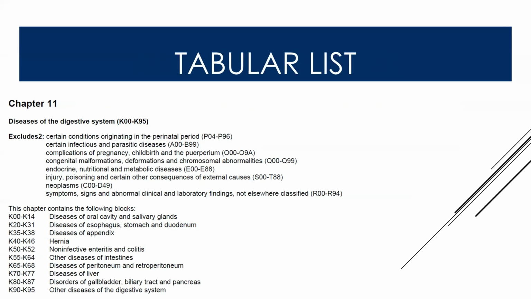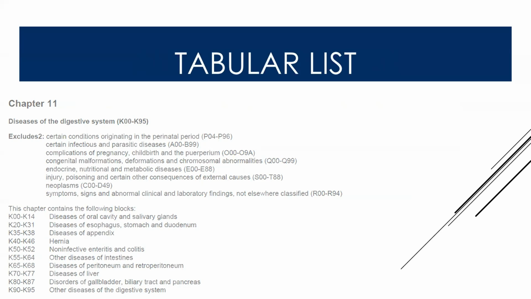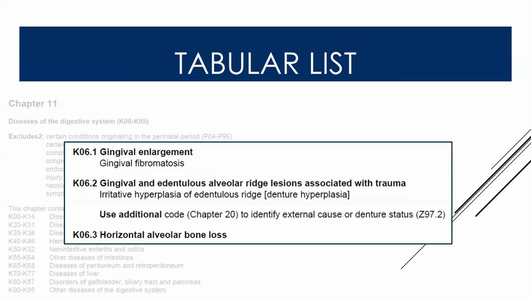This chapter includes codes from K00 through K95. The alphabetic index referred us to K06.1, gingival enlargement, and underneath that we see gingival fibromatosis. That text underneath the code is supplemental information given to help you determine that this is the correct code for the condition that you're coding.